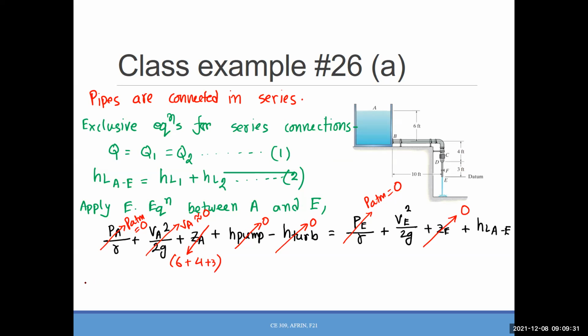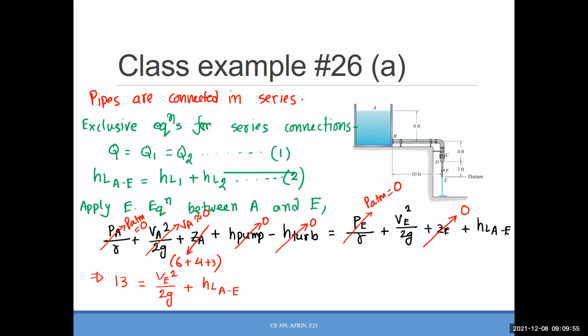So finally, we have 13 equals V square over 2G plus head loss AE, right?